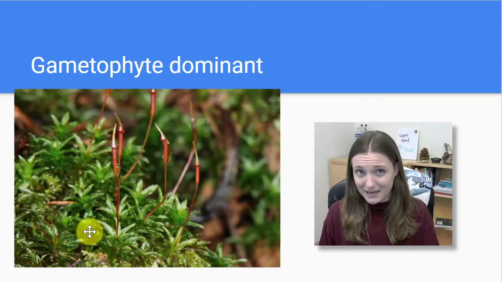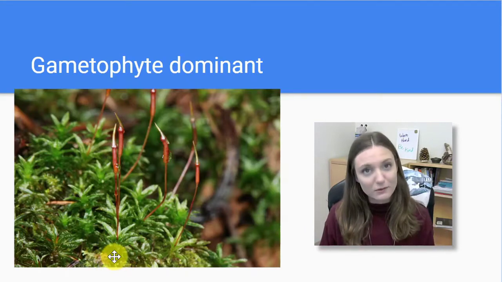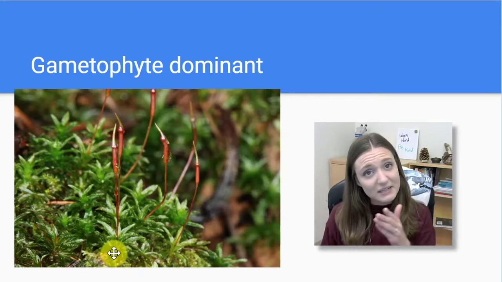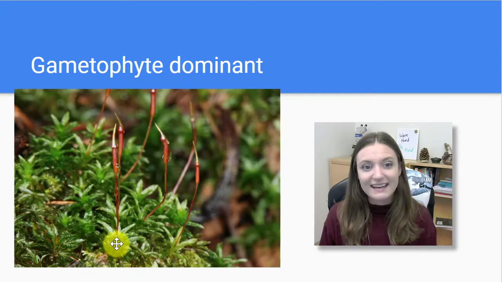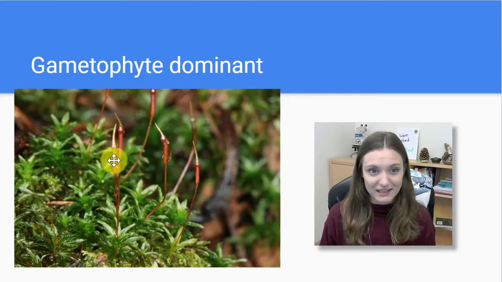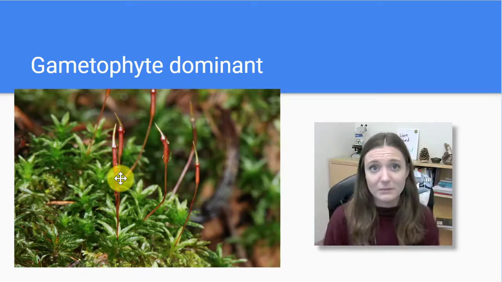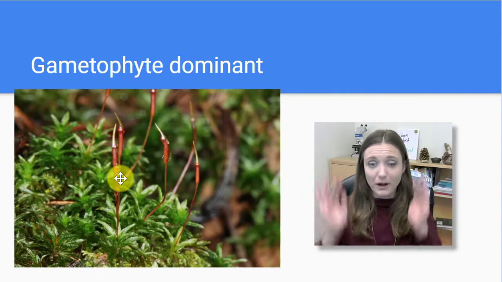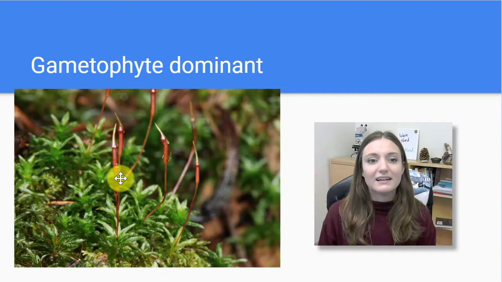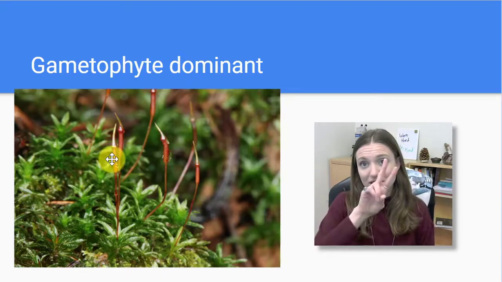Remember, gametophyte makes gametes. The sporophyte forms after a sperm fertilizes an egg, and the sporophyte is this structure right here in mosses. It usually sticks up and out, it grows up and out of the female gametophyte. Sporophyte is, remember, diploid.